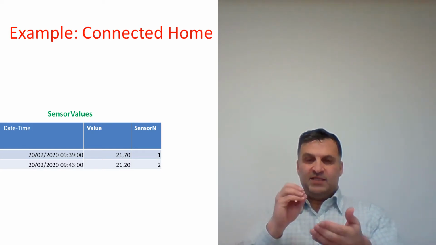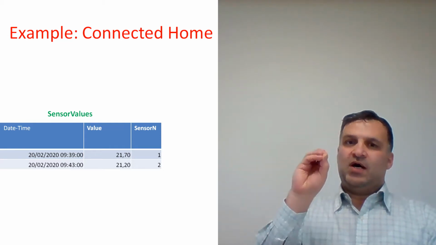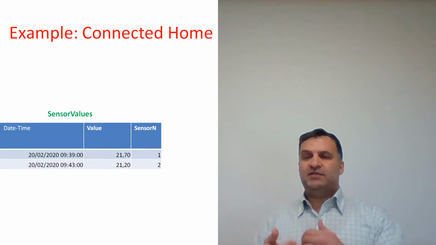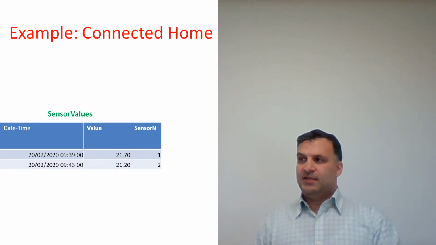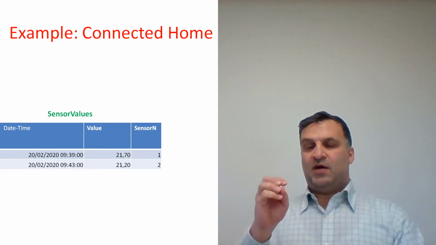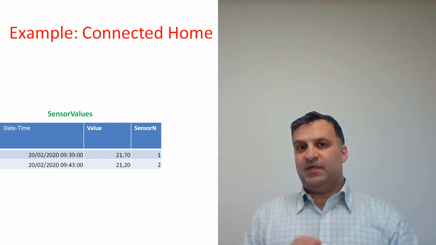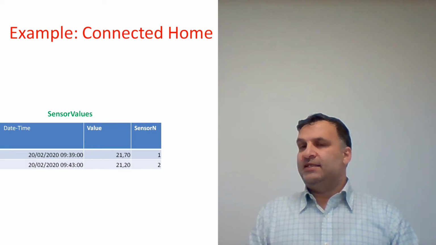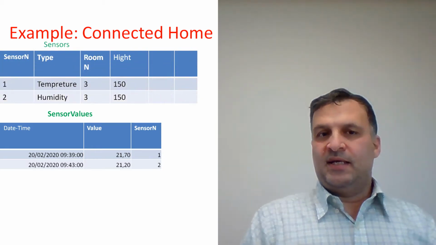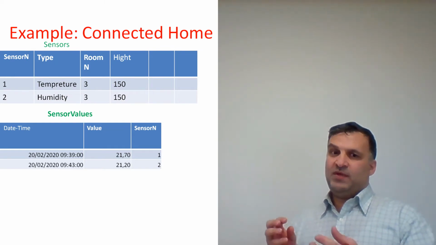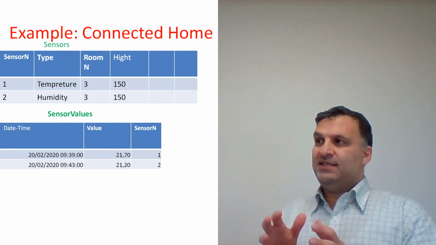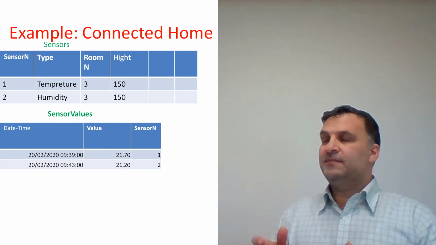So we have a sensor that is related to a home. Some sensors may be connected directly in a room, in an apartment, for example, and it can sense values. And usually when we put the sensor, it has a precise localization in a room, in an apartment.